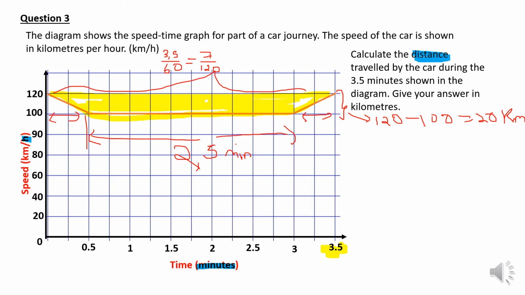So then again you must change this 2.5 and write it in hours. When you write it in hours, you can now find the area of that trapezium. You find the area of the trapezium by using the formula: the sum of the parallel sides times the height divided by 2, and then you subtract.